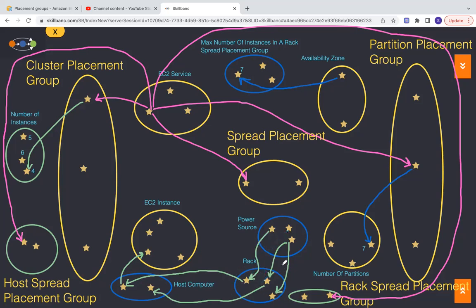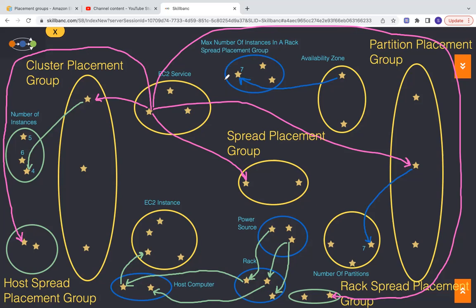Maybe they only have 7 racks logically in the availability zone, and that's why they're restricting the number of instances within each rack.